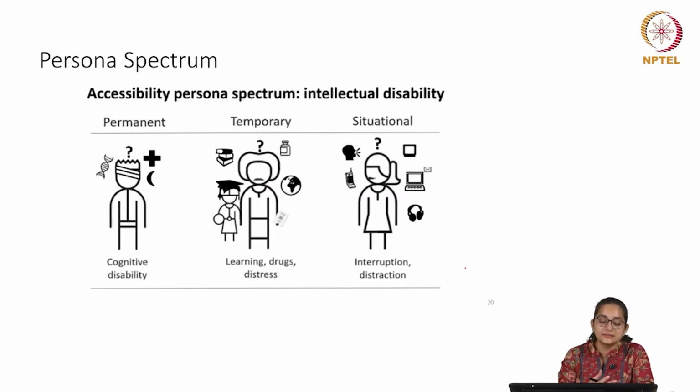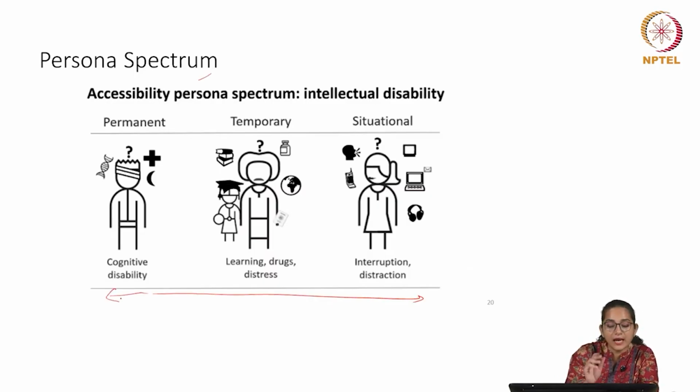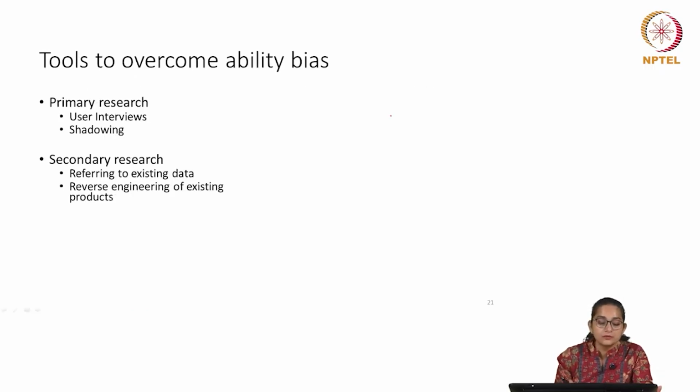And as discussed earlier, the persona can occur in a spectrum. We can have three different personas in order to understand the permanent, the temporary and the situational aspects of hindrances. So there can be several tools to overcome ability bias.